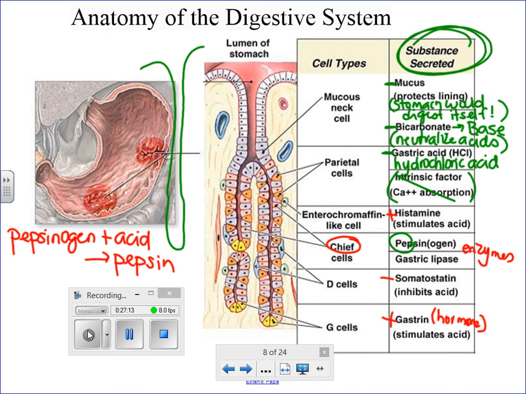So pepsin is there to digest a protein. Gastric lipase is there to digest lipids. Now that's a minor function compared to the digestion of protein, but it is something that happens. So those are the things that are produced in a gastric gland.